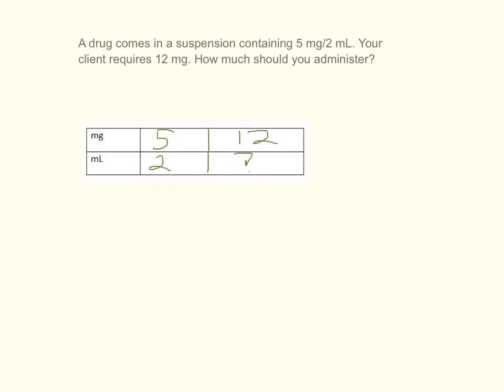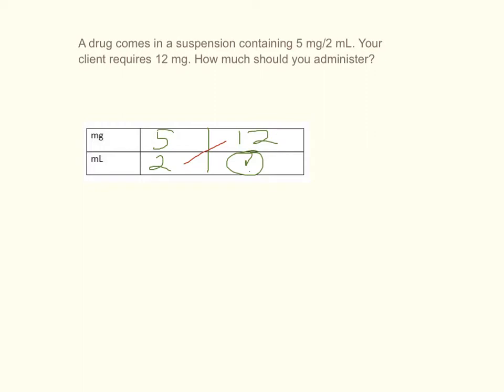for my answer. So let's use the diagonal operation to work out our answer. So the value that we're looking for is down in this spot. There are 2 numbers diagonally opposite here, 2 times 12.